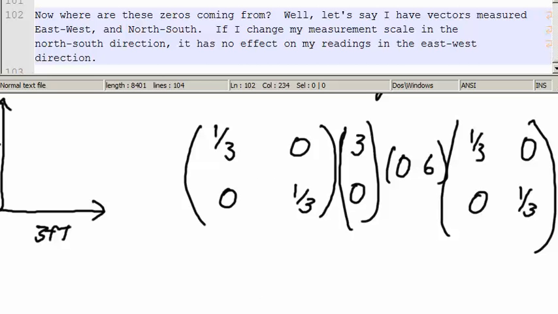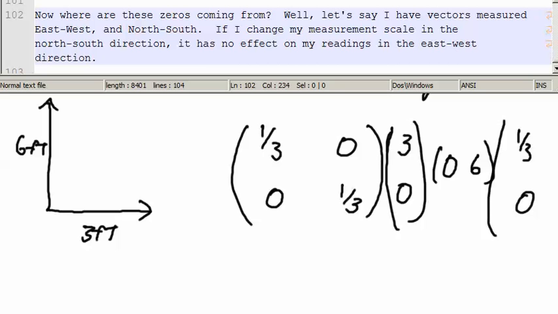If I change my measurement scale in the north-south direction, it has no effect on my readings in the east-west direction. So this is strictly the change in measurement in the east direction, in feet compared to yards. This is strictly the comparison of measurement in feet to yards in the north direction.